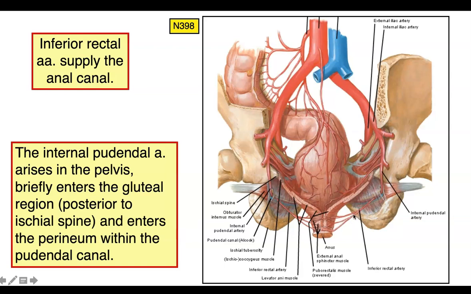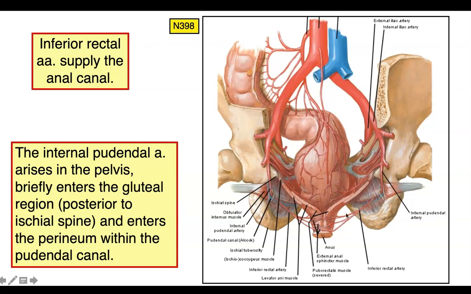These branches run horizontally, coursing towards the anal canal, accompanied by pudendal nerve branches. These branches are called inferior rectal arteries and inferior rectal nerves. There are several inferior rectal branches which arise from the internal pudendal artery.